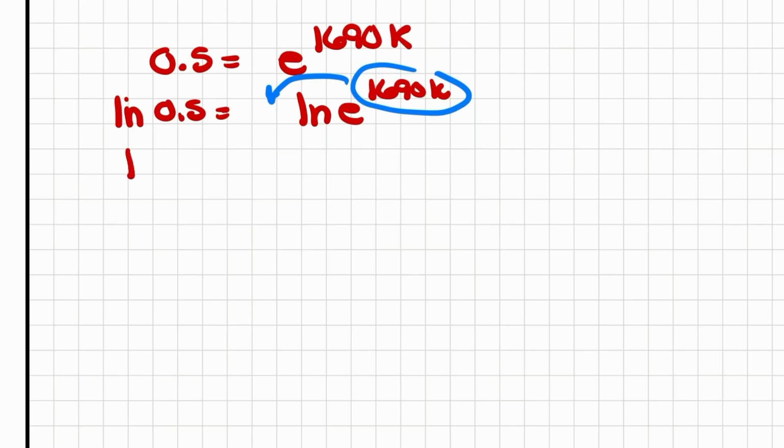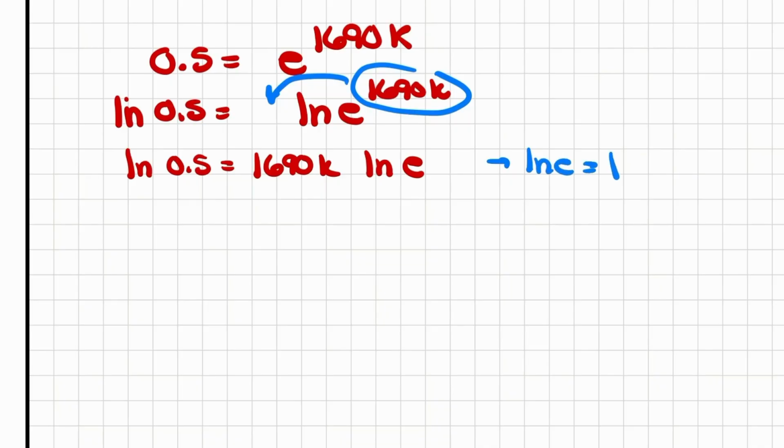So we end up with ln of 0.5 is equal to 1,690k times ln of e. Remember, ln of e is just equal to 1, so we can get rid of it.